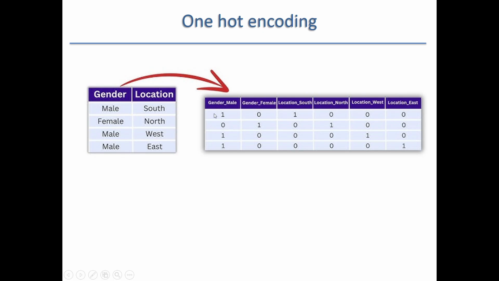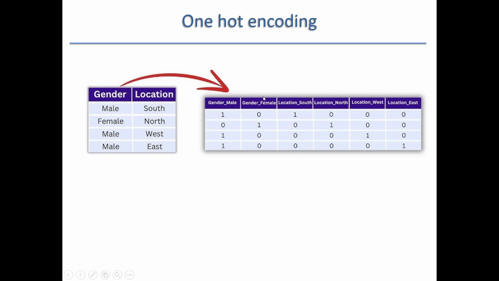They take value 1 if your input data has that label. So this guy is male from the south, so it will have gender male 1, gender female 0, location south 1, and all the others 0. These indicator variables take value 1 if you have that label, otherwise 0.